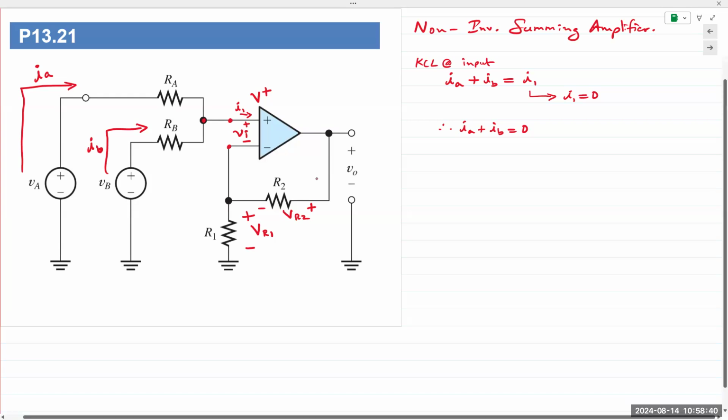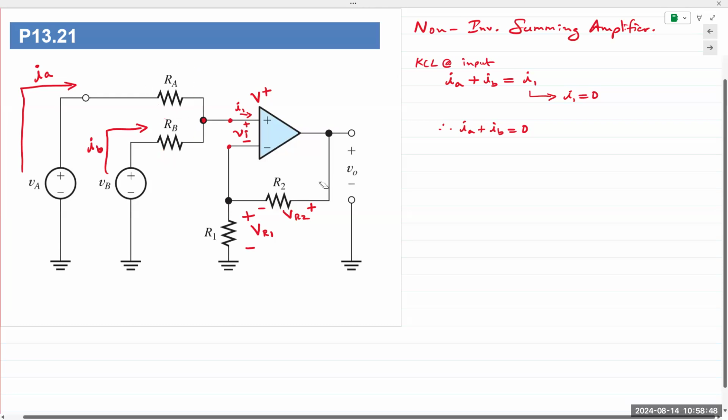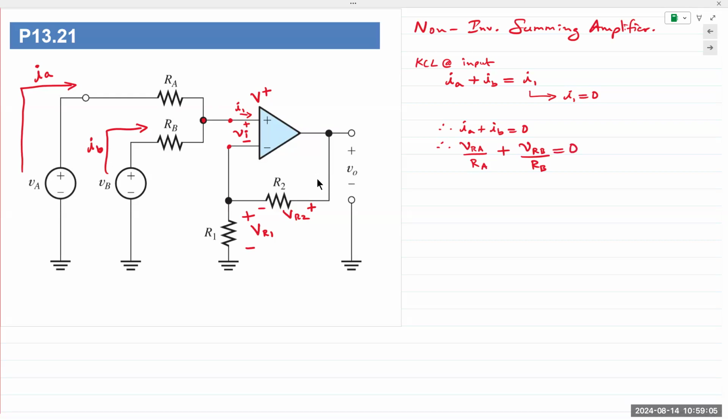If I want to write an expression for the IA and IB currents, I need the voltages across RA and RB, right? So from Ohm's law, I can write this is VRA over RA, and this is VRB over RB. So far, so good.